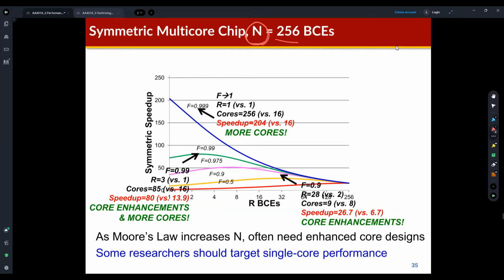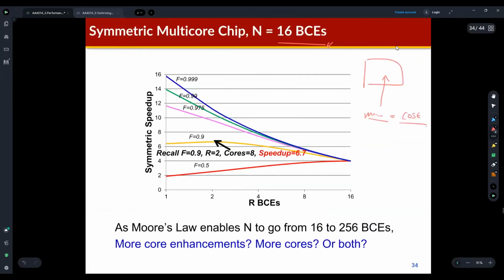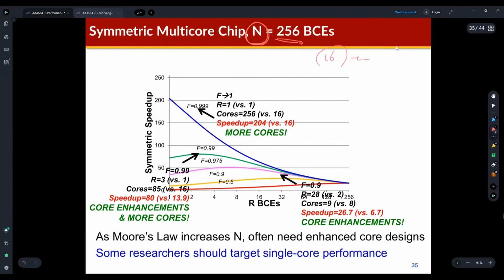And what will happen? If we assume that N is 256, that is 16 times the original assumption of 16 BCE, right? And how about the graphs? The graph shape is changed, and it is also changed by the fractions.